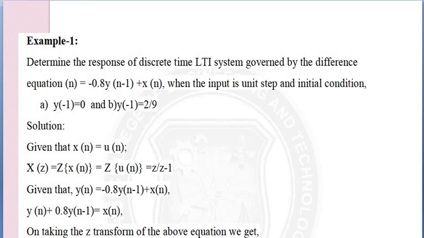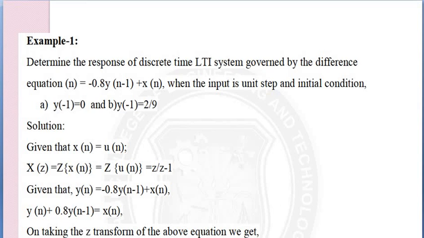The Z transformation of x of n is the Z transformation of u of n, that is equal to z divided by z minus 1. The given difference equation is y of n equal to minus 0.8 y of n minus 1 plus x of n.